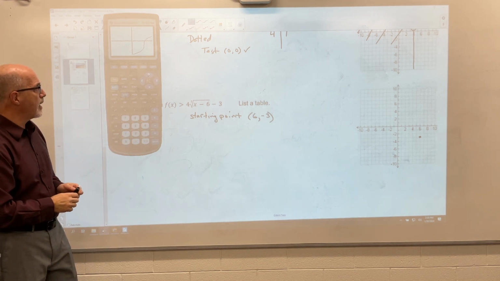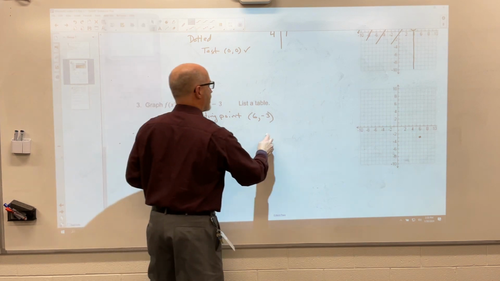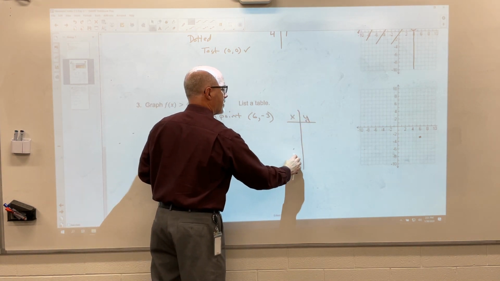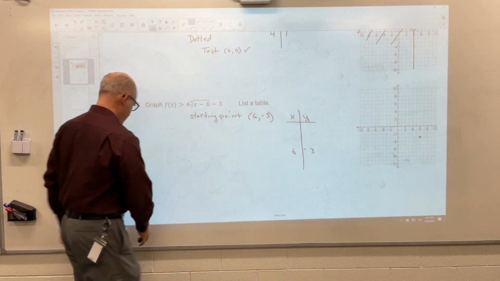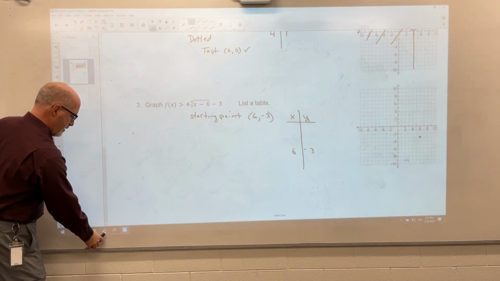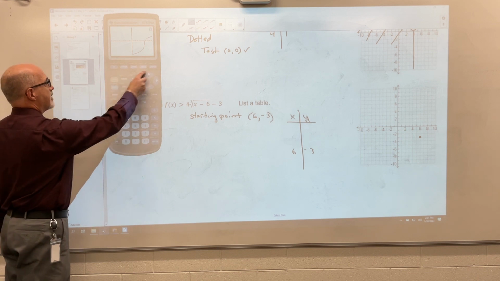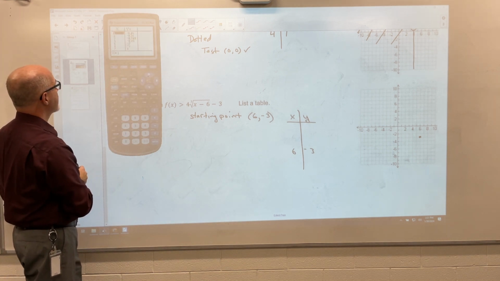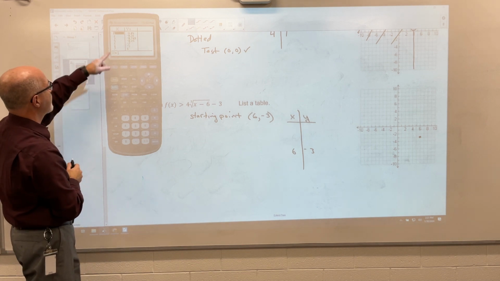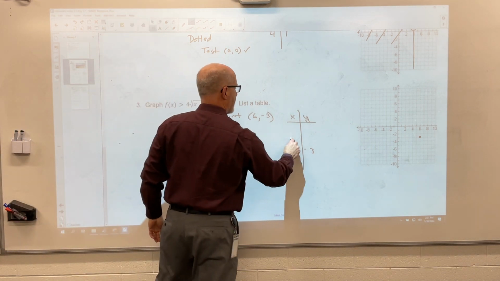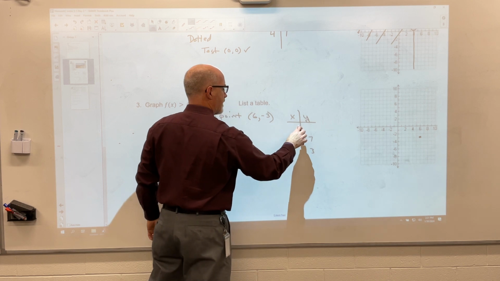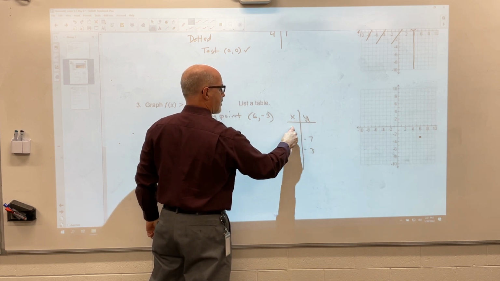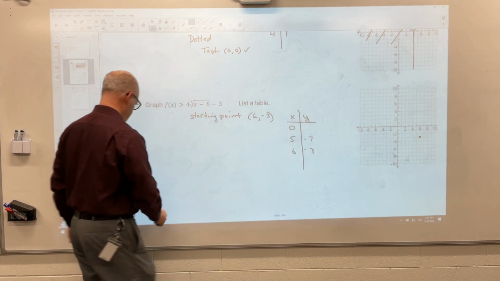All right, so now let's go ahead and make a table. Put 6, negative 3 in the middle for an odd one. So we're going to come up with values above and below it. So second table. I've got 6, negative 3. I'll do 5, negative 7. Let me get something a little bit lower than that. Let's see what 0 gives us.